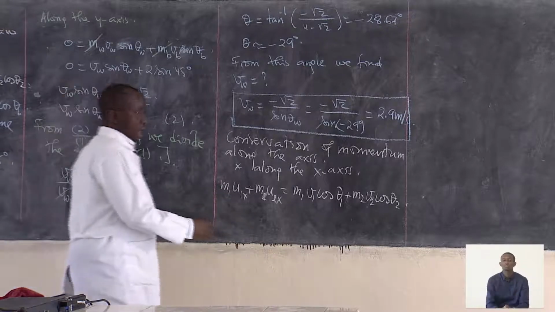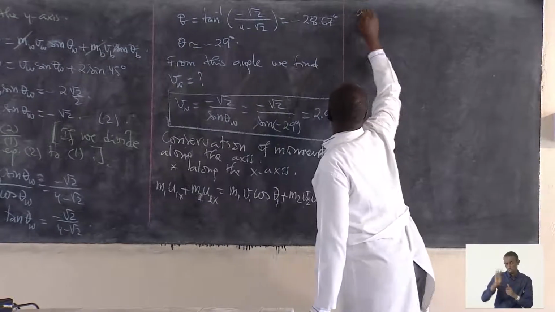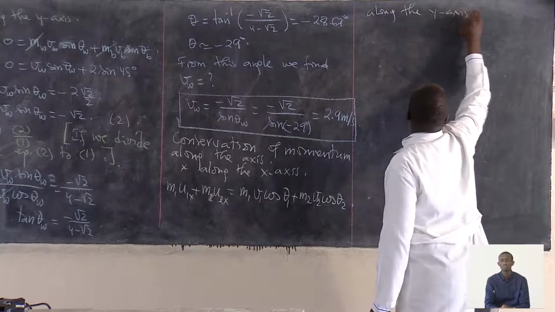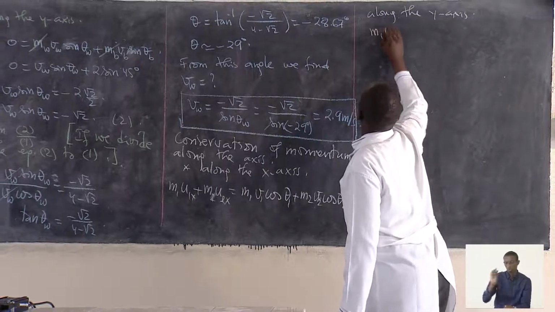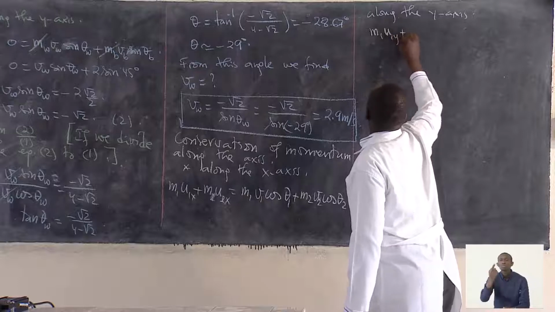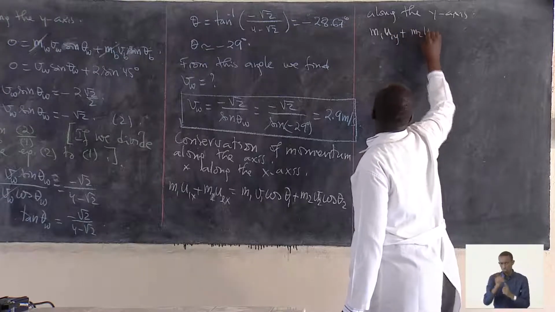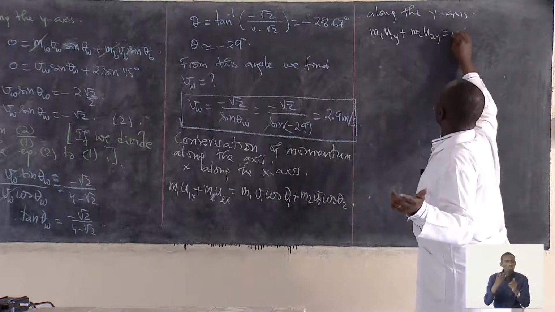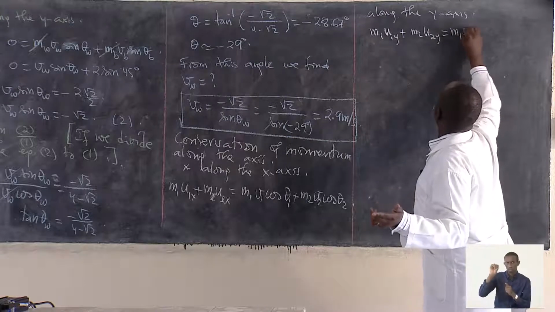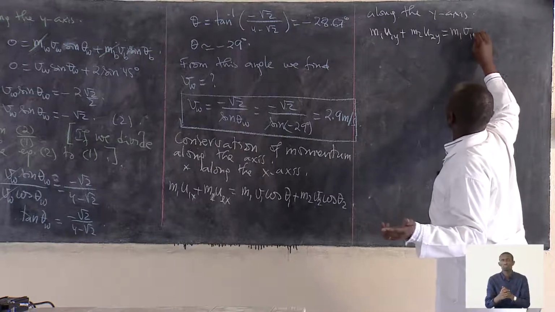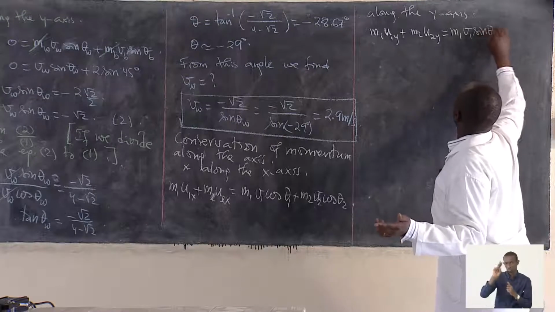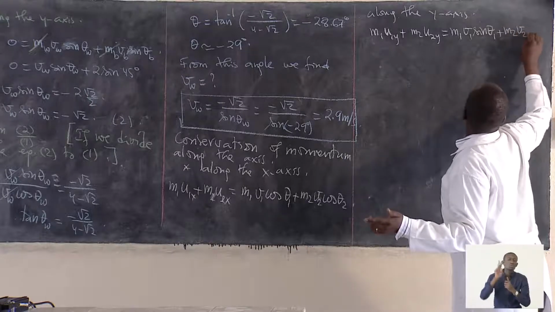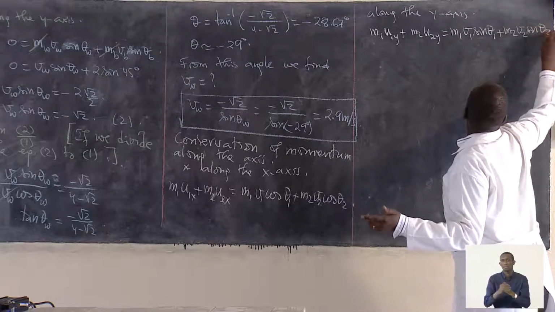Then along the y-axis, what do we have? We have M1 U1y plus M2 U2y equals M1 V1 sine theta 1 plus M2 V2 sine theta 2.